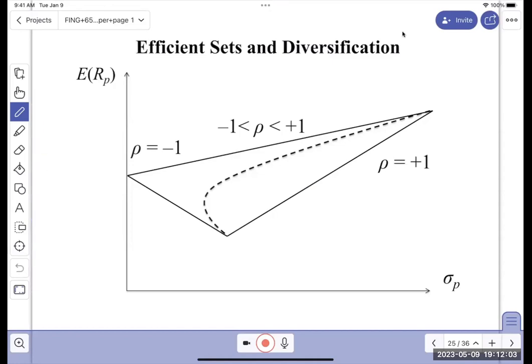I'll just say this is the diversification effect, that all of these combinations won't be chosen because they're not efficient.